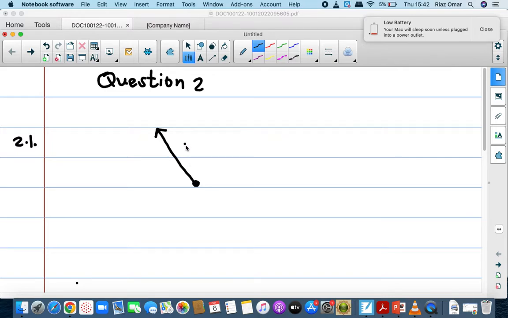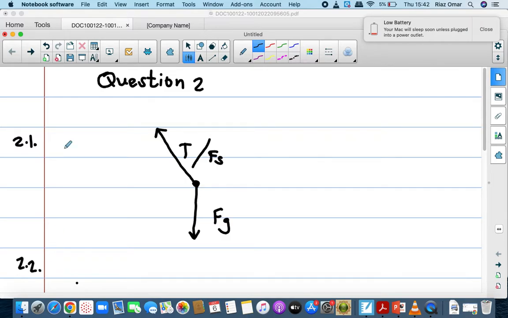So this will be the tension in the string, or we can even say the force of the string if we want to say it that way. And then we've got the gravitational force acting downwards. This is the force of gravity acting downwards.